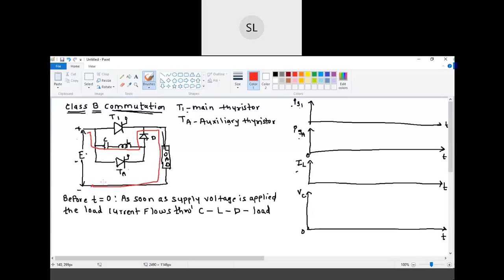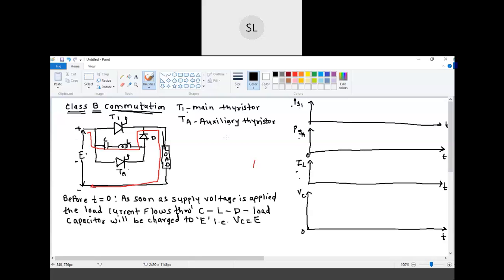Now because of this current, the capacitor will be charged to supply voltage E, that is Vc will be equal to E.